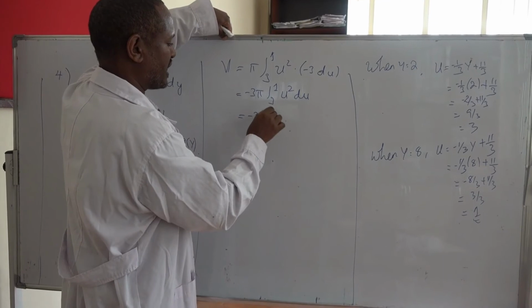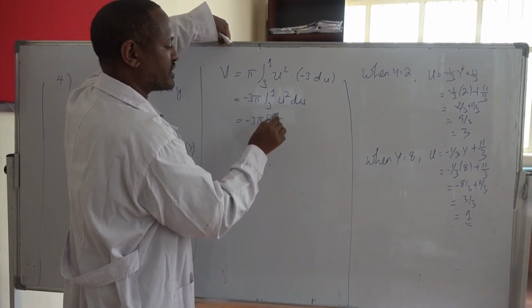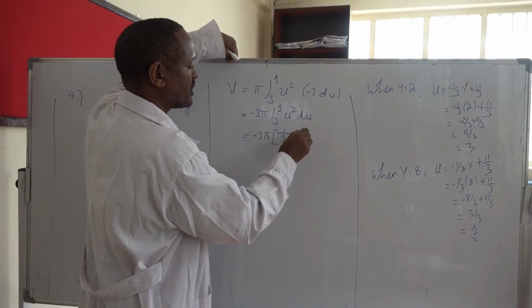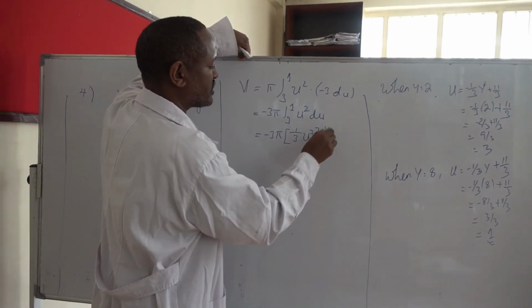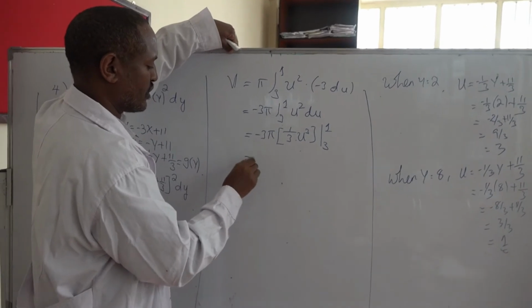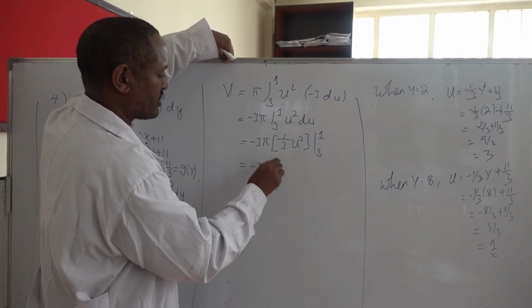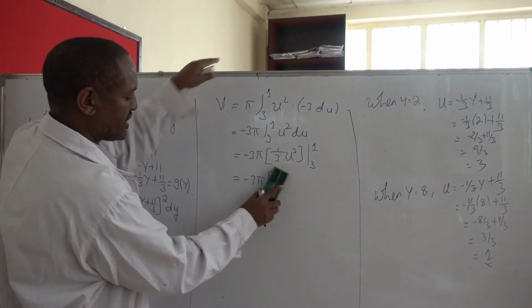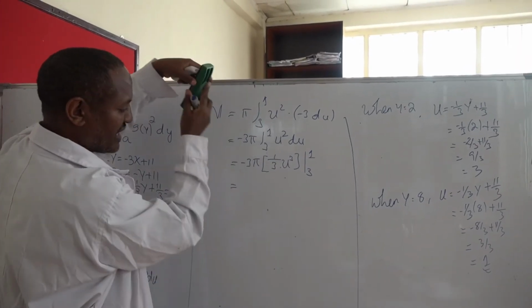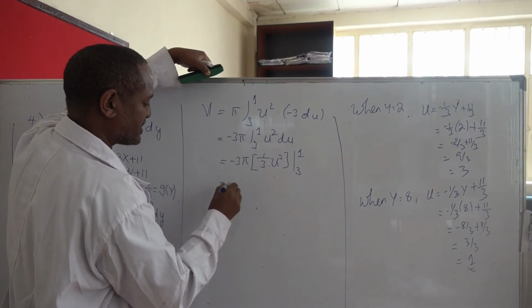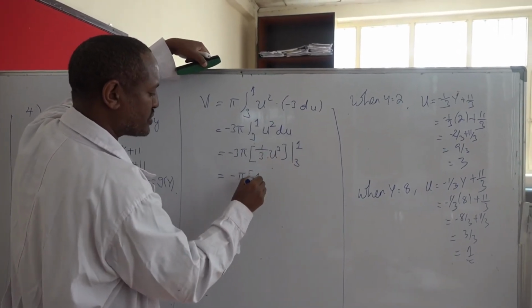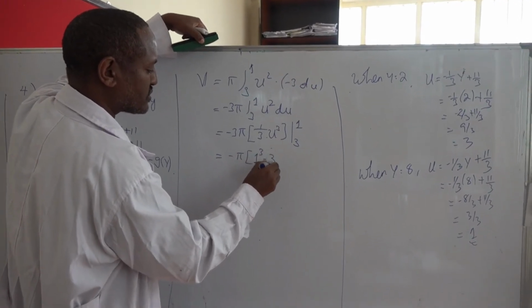Negative 3 pi, the integral of u square is 1 over 3 u cube. Evaluate this from 3 to 1. Minus 3 pi times 1 over 3, obviously this is negative 1, so we have negative pi times 1 cube minus 3 cube.